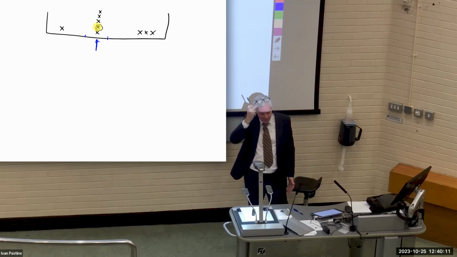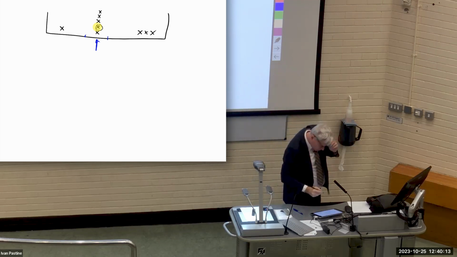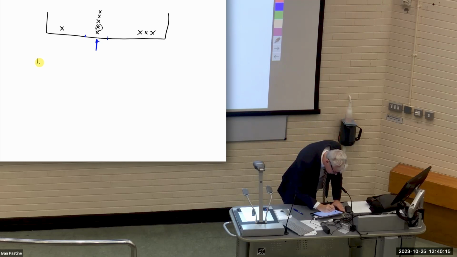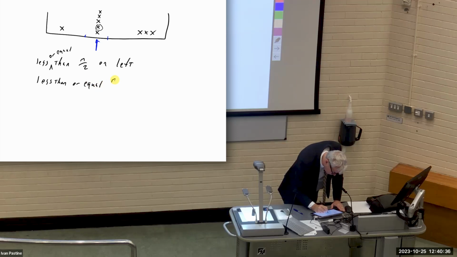And so what do they say? Well, they say we have less than or equal to n over 2 on the right.